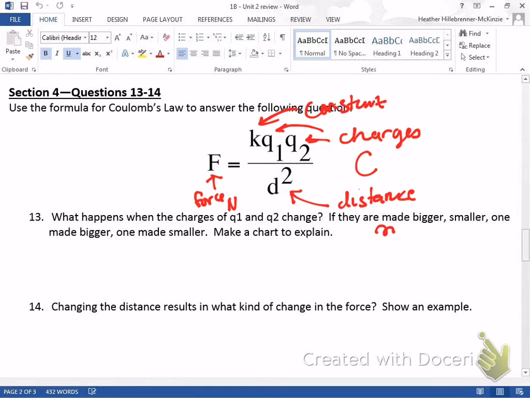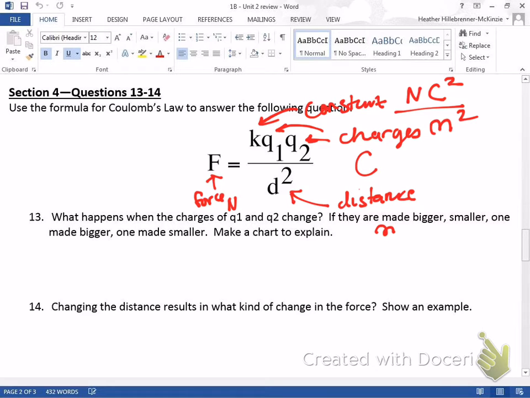So that means that K, our constant, would have units of what? Newtons times coulomb squared over meter squared. Right? Good. You won't need to do a lot with units though.